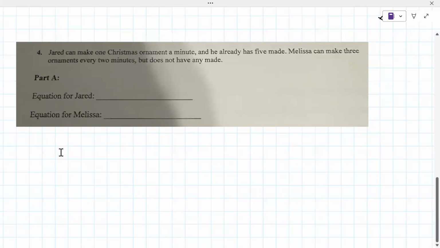Okay, Jared can make one ornament a minute, and he already has five made. Melissa can make three ornaments every 2 minutes, but does not have any made. So there, think of slope as rate. So for example, Jared can make one per minute, but he's already got five there.